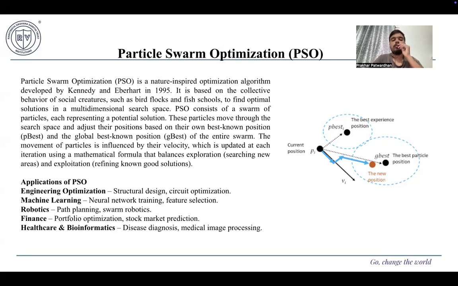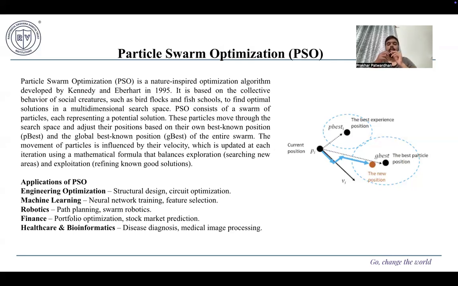These particles move through the search space and adjust their position based on their best known position and the global best position of the entire swarm. The movement of particles is influenced by their velocity, which is updated at each iteration using a mathematical formula that balances exploration and exploitation.